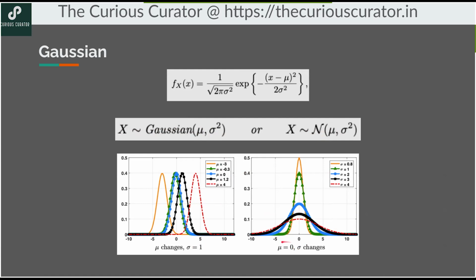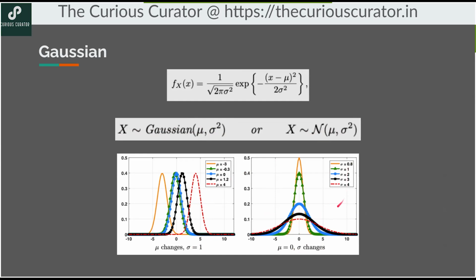Similarly, if I keep my mu equal to 0 and change my sigma, the location is at 0, which is mu equal to 0, and as I increase my sigma, the spread increases.